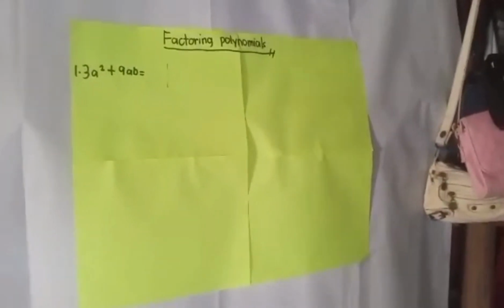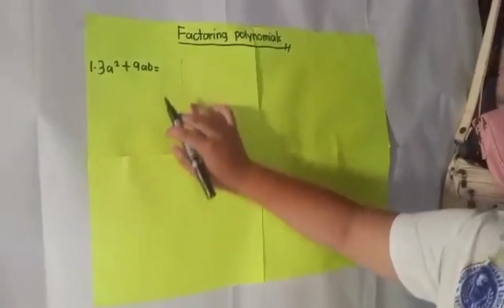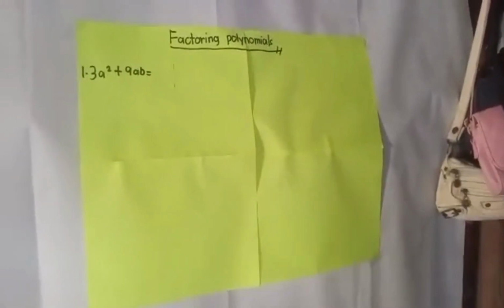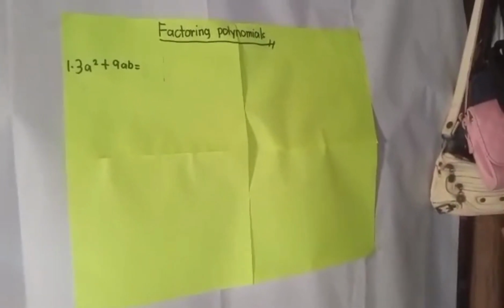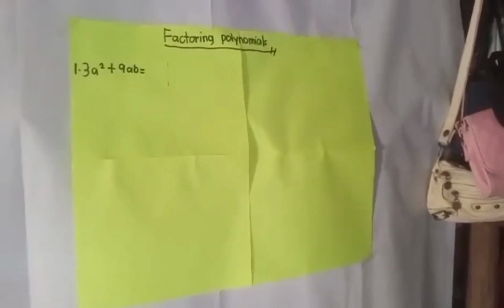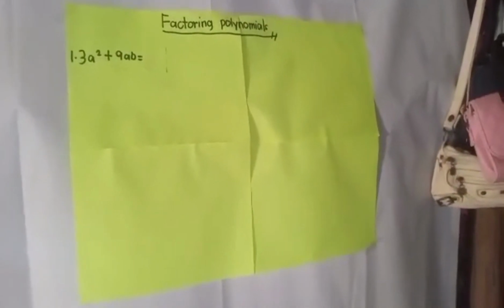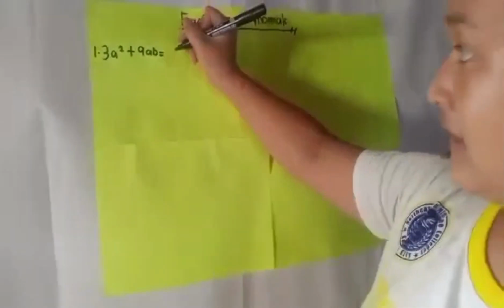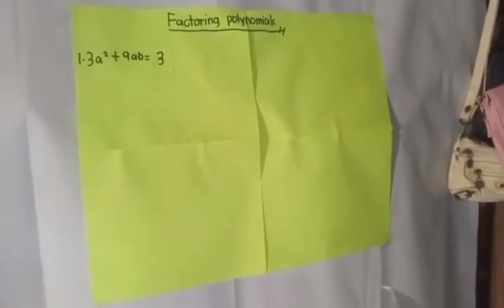So, first, sa numbers 3 and 9, saan ba pwede i-divide ang 3 and 9? Ano yung common sa kanila? That's 3. So, isusulat natin 3.